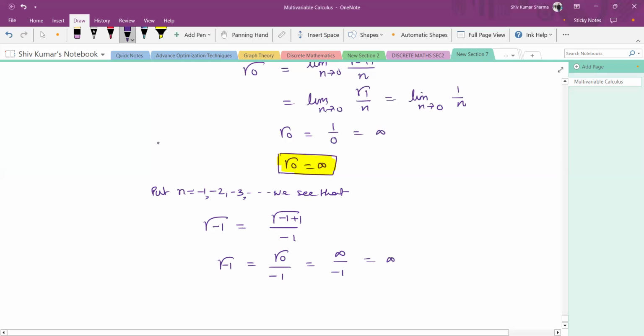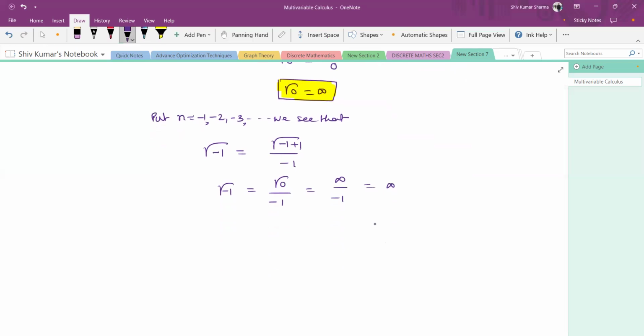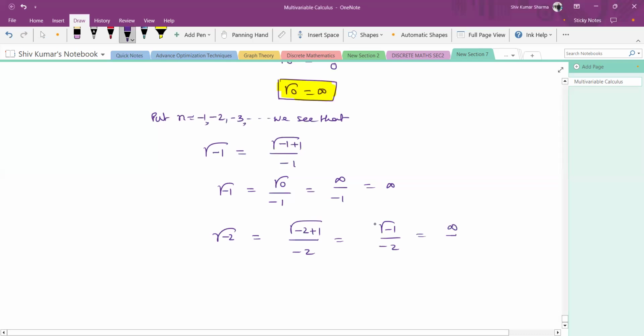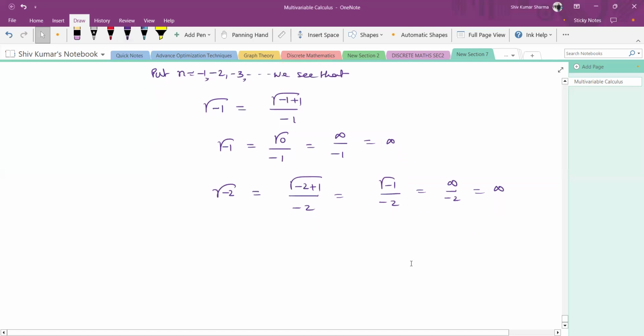Okay. Similarly, when we put n equal to minus 2, it gives us gamma of minus 2 plus 1 upon minus 2. So this gives us gamma of minus 1 upon minus 2, and infinity upon minus 2 gives us minus infinity. So when we take any negative integer, it gives us infinity.